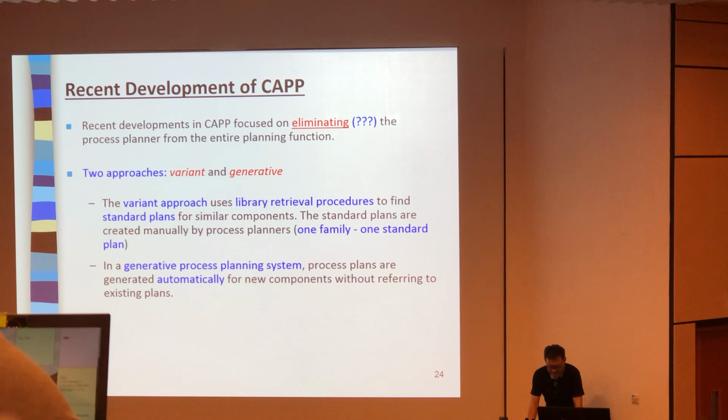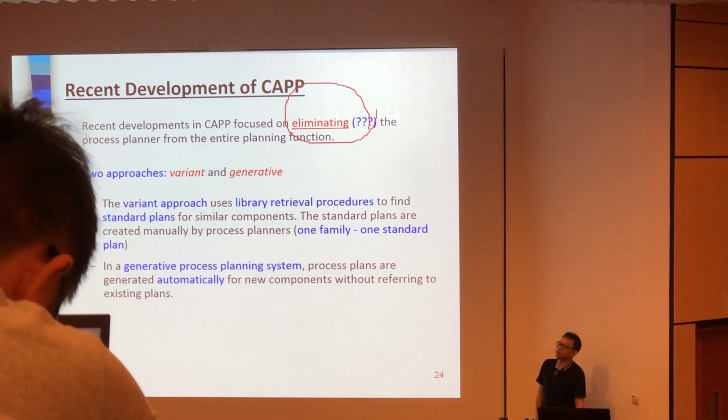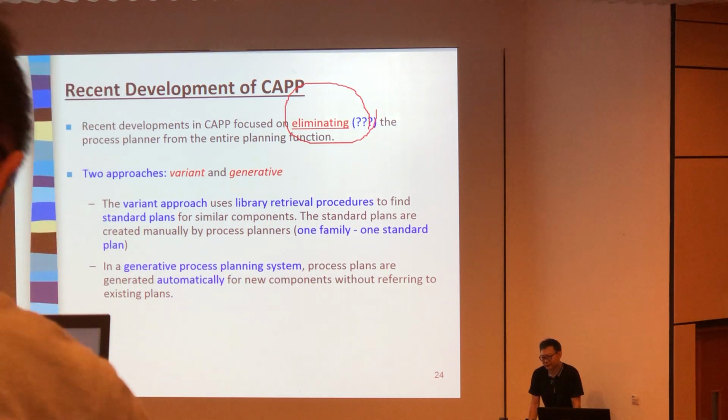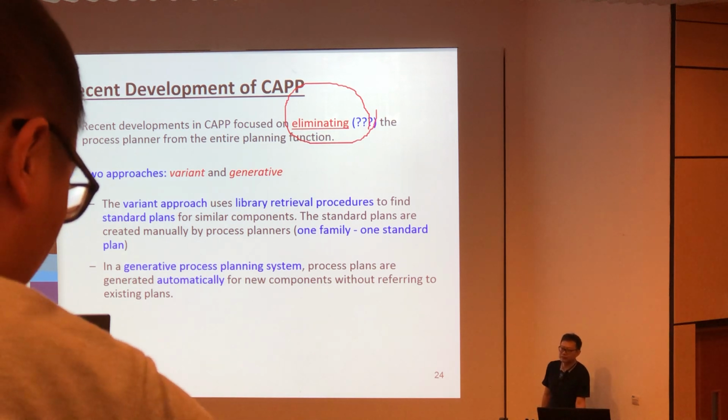More recently, the development in CPP actually focuses on trying to eliminate the human process planner from the entire planning function. So that eventually will be the ultimate objective.